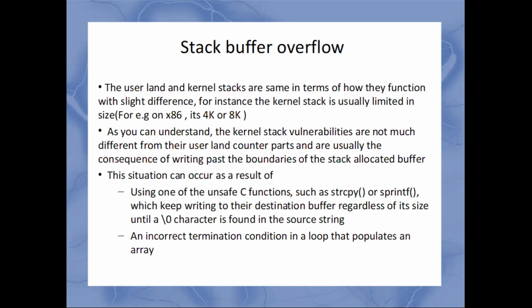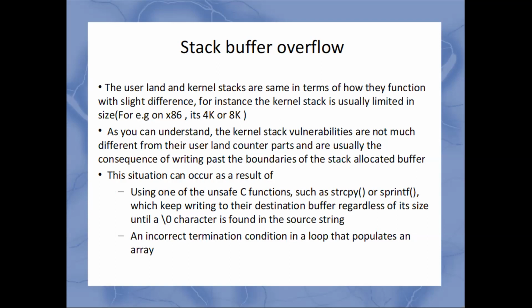The userland and the kernel stacks are the same in terms of how they function, with a slight difference. For instance, the kernel stack is usually limited in size, for example on x86, it's like 4K or 8K. And as you can understand, the kernel stack vulnerabilities are not much different from the userland counterpart, and are usually the consequence of writing past the boundaries of the stack allocated buffer.